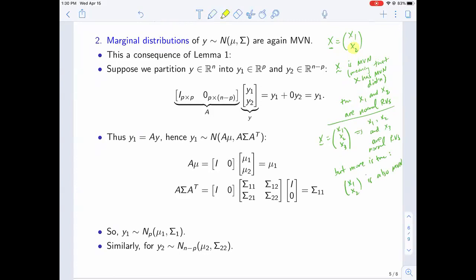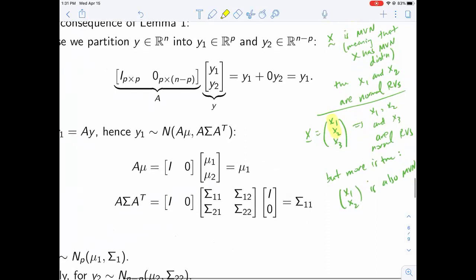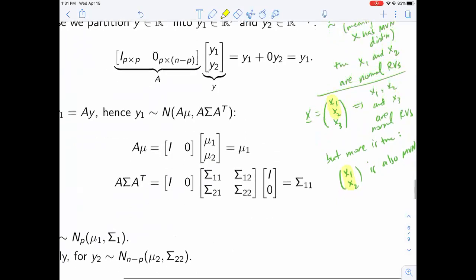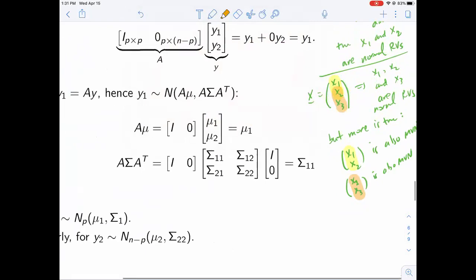Marginals need not have a single coordinate. If I restrict myself to these two coordinates, this piece is another random vector, and it has a multivariate normal distribution. And also, for example, X2, X3 is also MVN. If I take this out, that in itself is MVN.